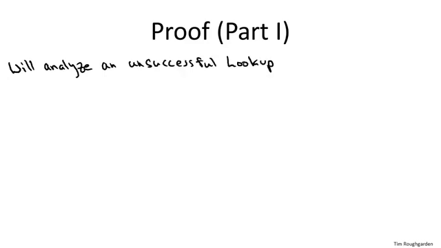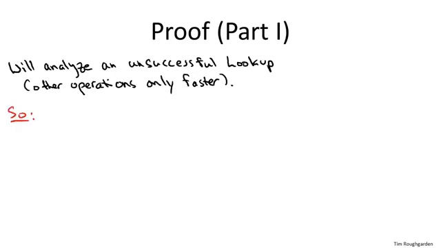So the worst case, as far as traversing through this linked list, is you're looking for something that's not there, because then you have to look at every single element in the list and fall off the end of the list before you can conclude that the lookup has failed. Of course, insertion, as we discussed, is always constant time. Deletion and successful searches, well, you might get lucky and stop early before you hit the end of the list. So all we're going to do is analyze unsuccessful lookups. That will carry over to all of the other operations.